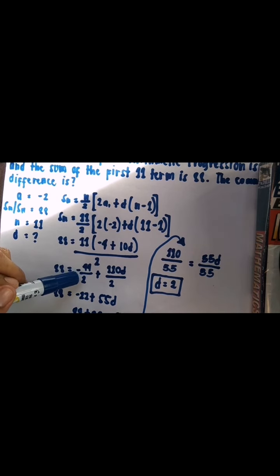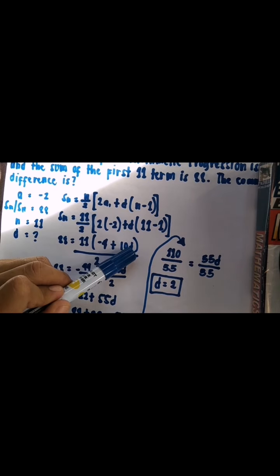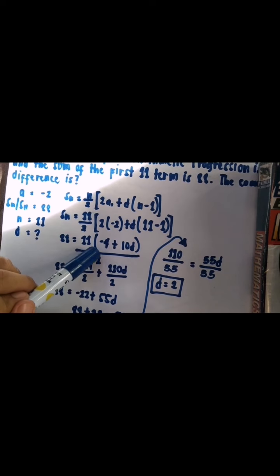Negative 44 over 2 plus 10D times, we multiply by negative 4, it becomes 110D over 2.